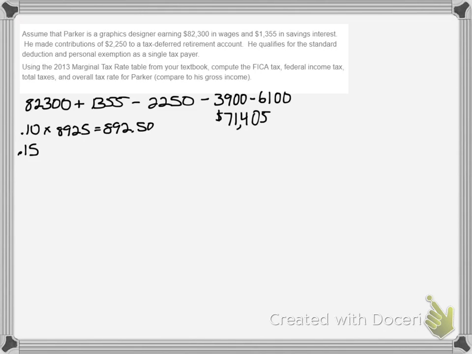The next part, from $8,925 to $36,250, will be taxed at 15%. So we take $36,250 minus $8,925 and multiply that by 15%.